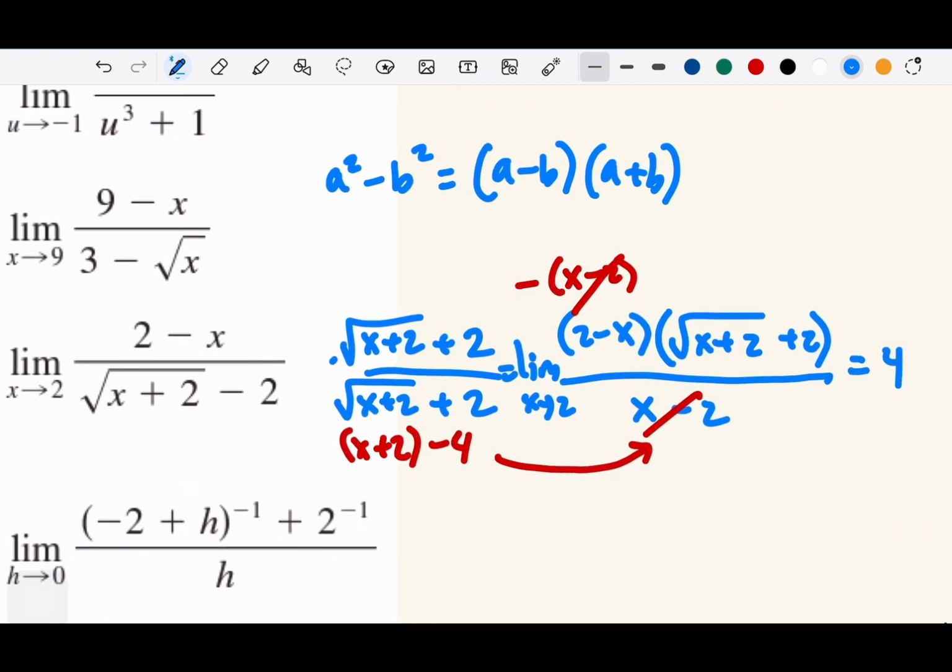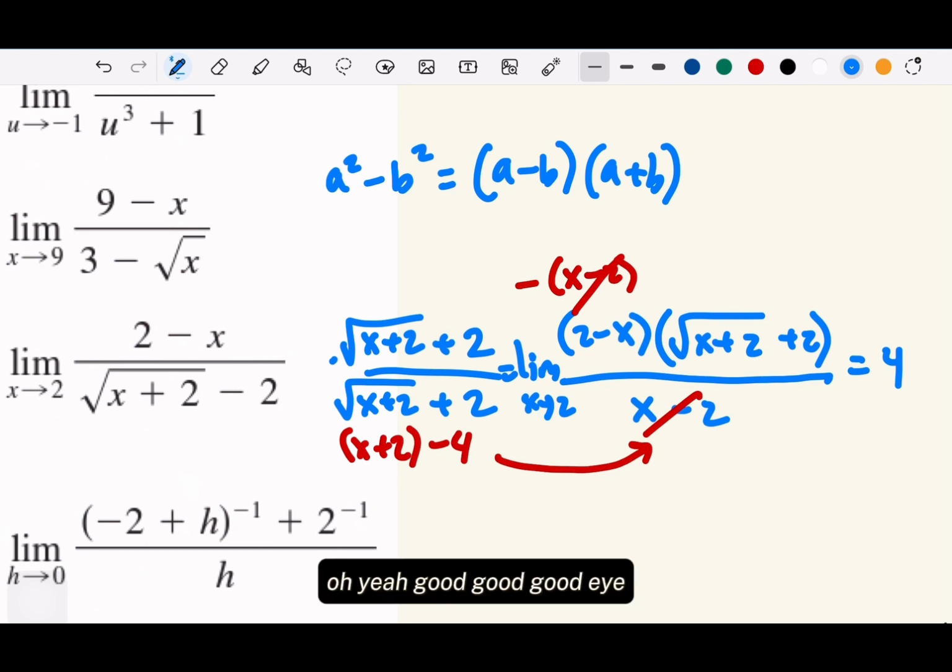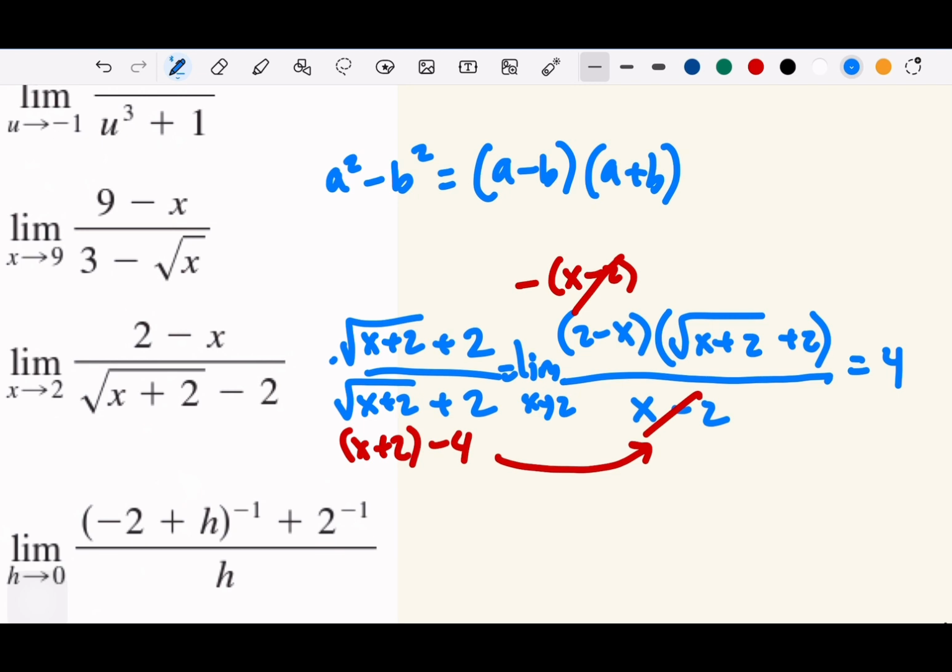Okay. So what about the negative? Oh yeah, negative. Good eye. Okay, it means that you are paying attention. It's minus here.